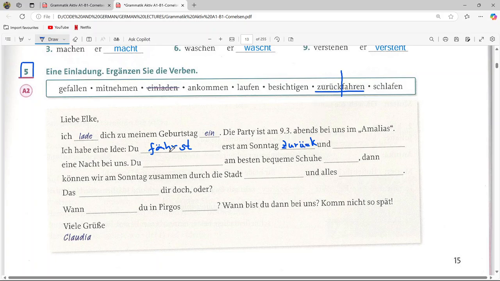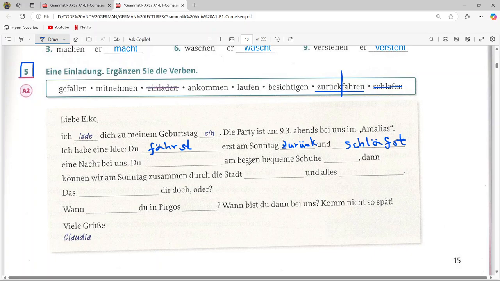So du fährst erst am Sonntag zurück. So you go back on Sunday und schläfst, because it is still in the du form and we use this verb schlafen. So du schläfst eine Nacht bei uns. So the sentence is saying that you travel back on Sunday and sleep a night with us.